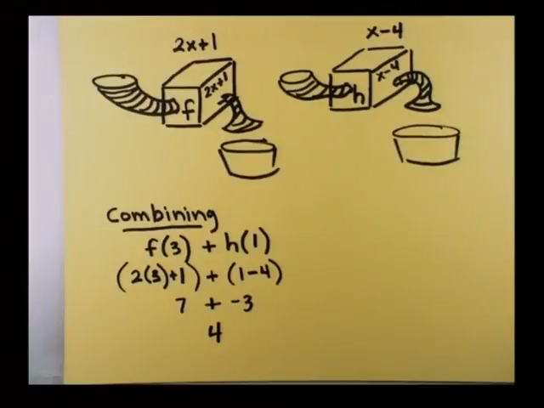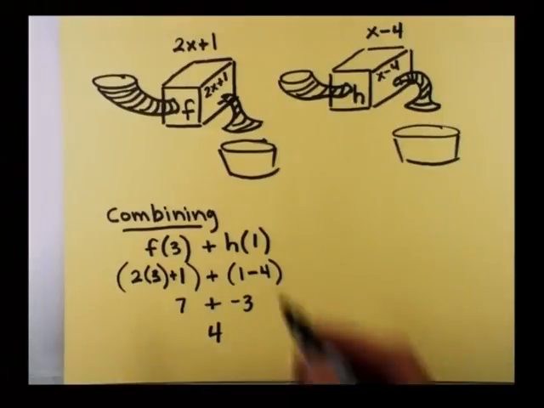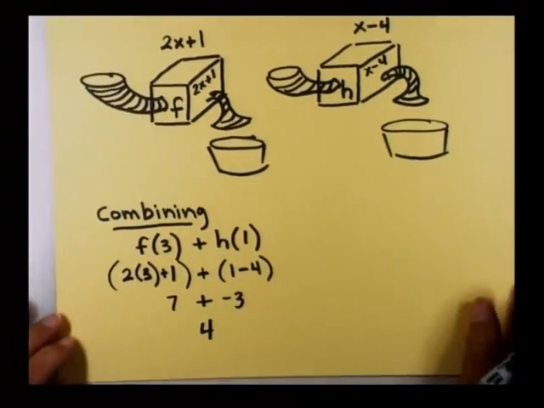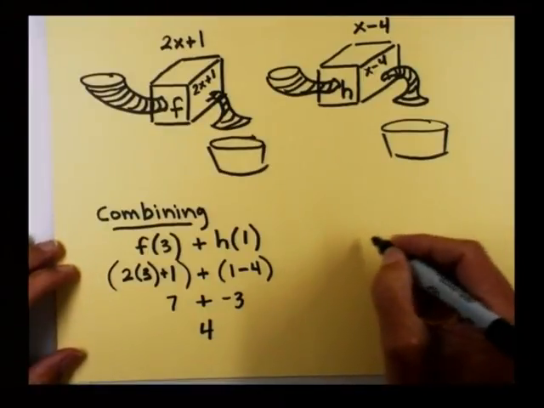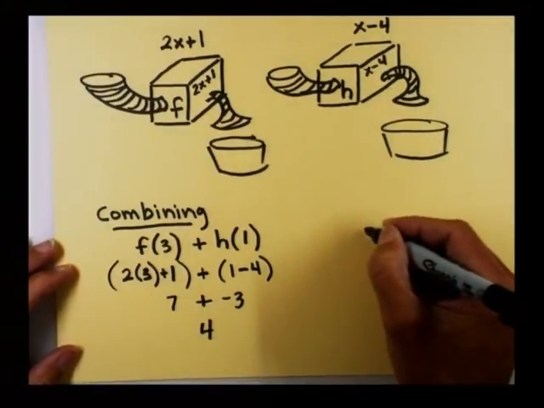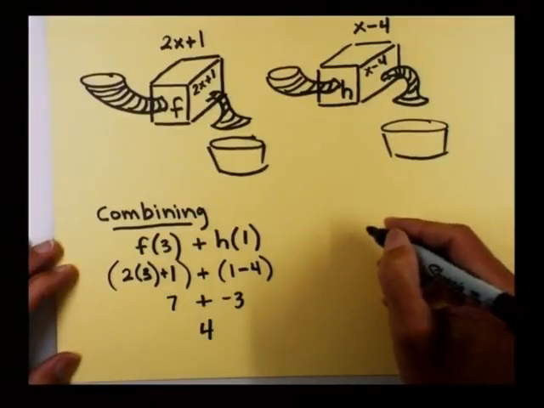So not only can I do this with addition, I can do this with subtraction just as easily. I can also do it with multiplication and division. And when I show these, let's just try an example over here of multiplying.